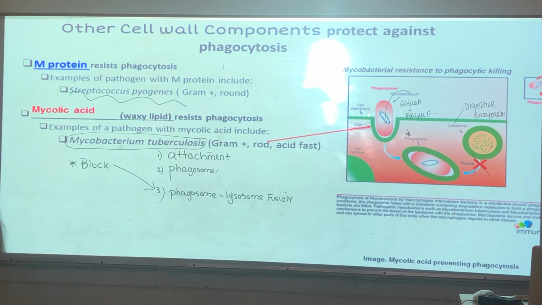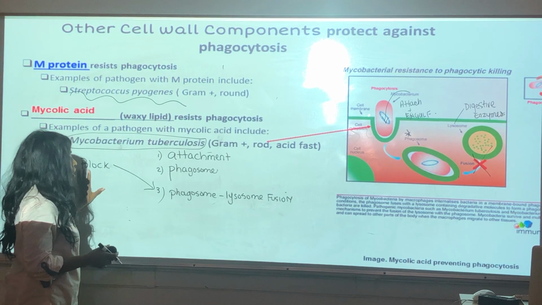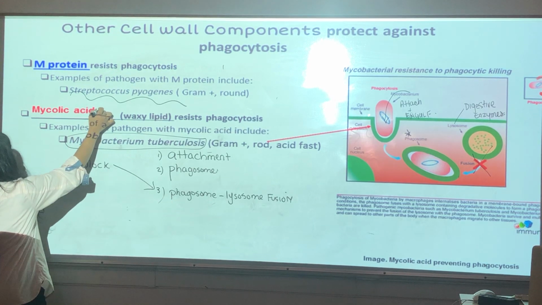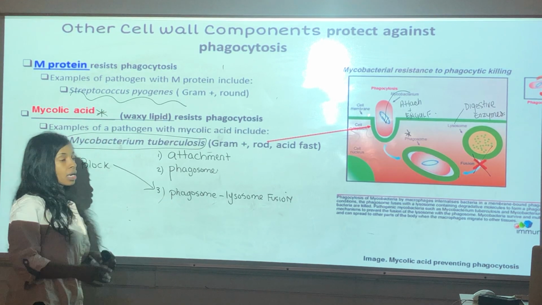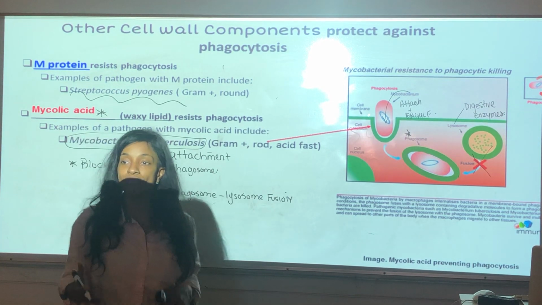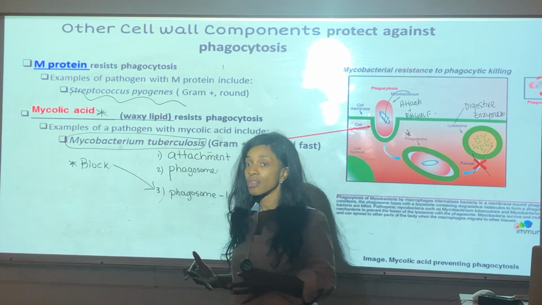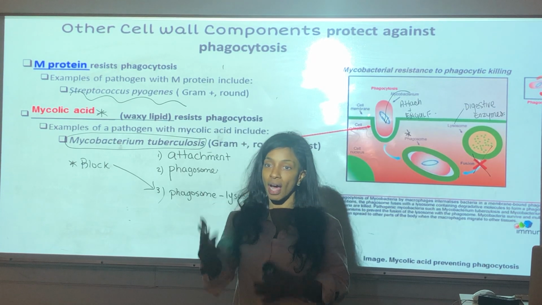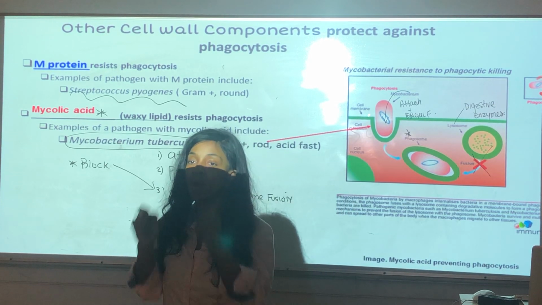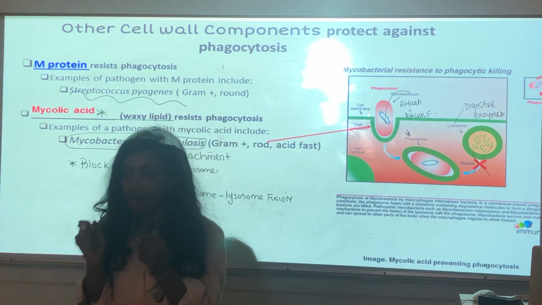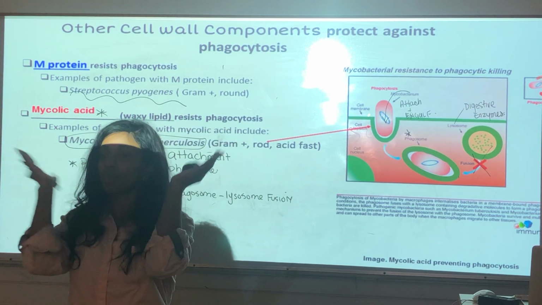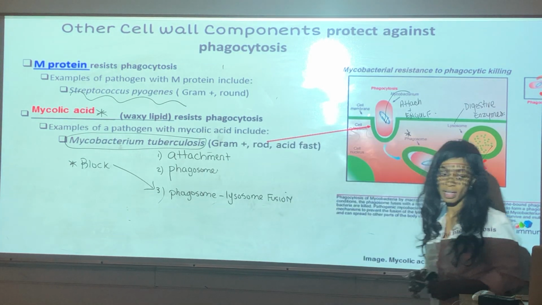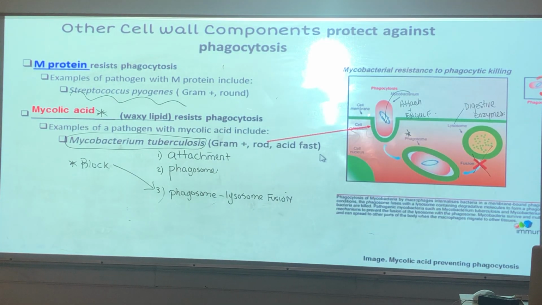So the Mycobacterium tuberculosis is able to block this phagolysosome fusion because it has mycolic acid, and this is what allows it to survive in the phagocyte. As they survive in the phagocyte, they continue to divide and divide and divide. And once they divide in high numbers, eventually the phagocyte will break and they will be released to go on to infect the lungs in high numbers.